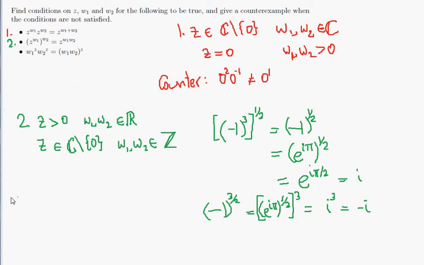Now, I did not prove this in class, and I wouldn't necessarily expect you to come up with this on your own, but there's another broad class where this works, and that is when z is any complex number, w1 can be any complex number, and w2 is restricted to be an integer.